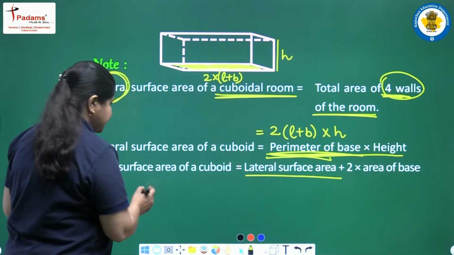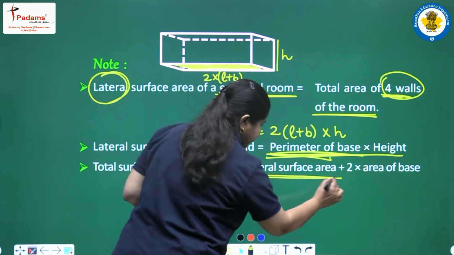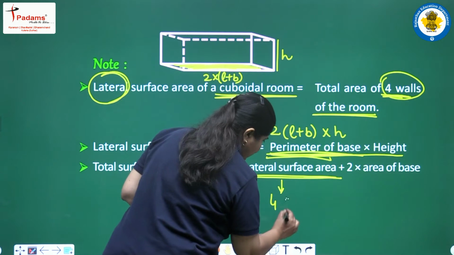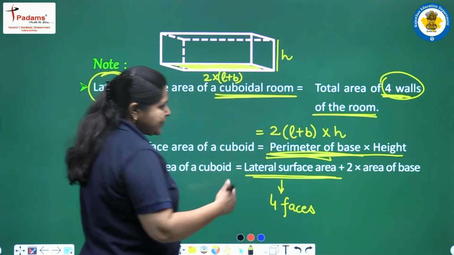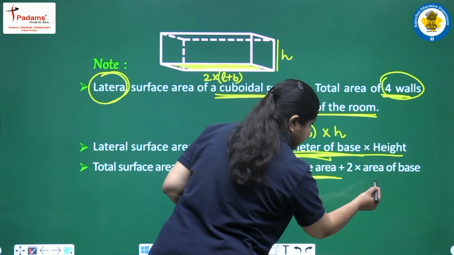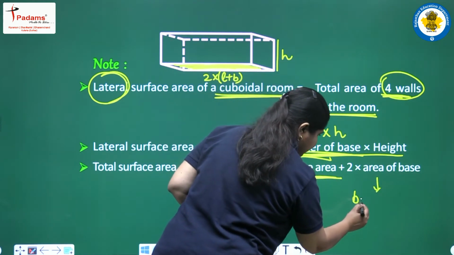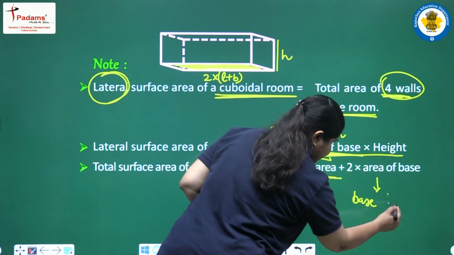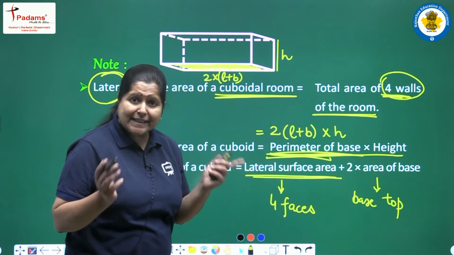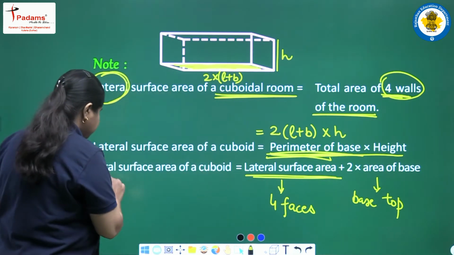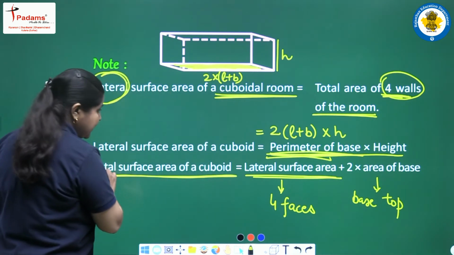तो जब हम 6 फेसेस ले रहे हैं तो लैटरल सरफेस एरिया के केस में तो हमें 4 वॉल्स या 4 फेसेस मिल गए चारों तरफ के, और 2 times एरिया ऑफ बेस से हमें एरिया ऑफ बेस भी मिल गया और एरिया ऑफ टॉप भी मिल गया, क्योंकि हम 2 times कर रहे हैं और ये बेस और टॉप दोनों आइडेंटिकल हैं. तो इस तरह से हम टोटल सरफेस एरिया को इस फॉर्म में भी डिफाइन कर सकते हैं.